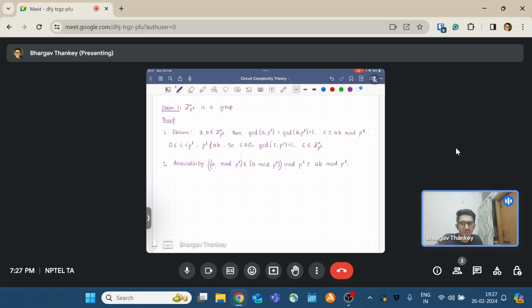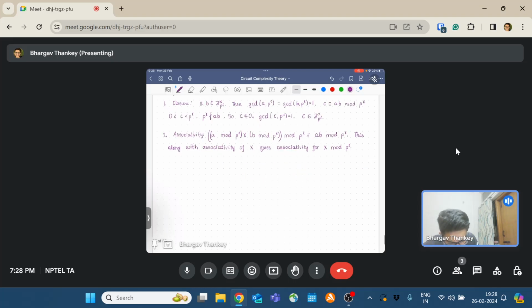And that would give us associativity for the group operation, right? Okay, so what's the third property?